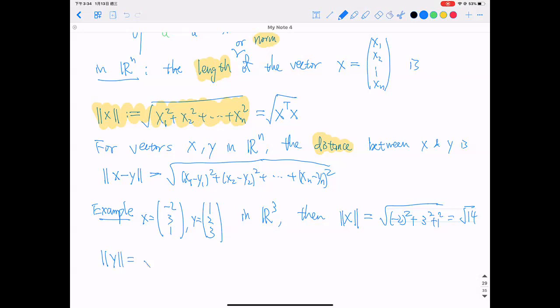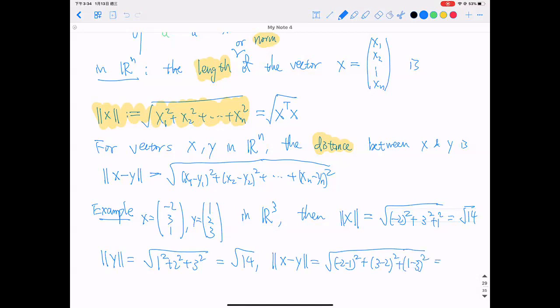The length of y is also square root of 14. The distance between x and y is the square root of minus 2 minus 1 squared, 3 minus 2 squared, 1 minus 3 squared.